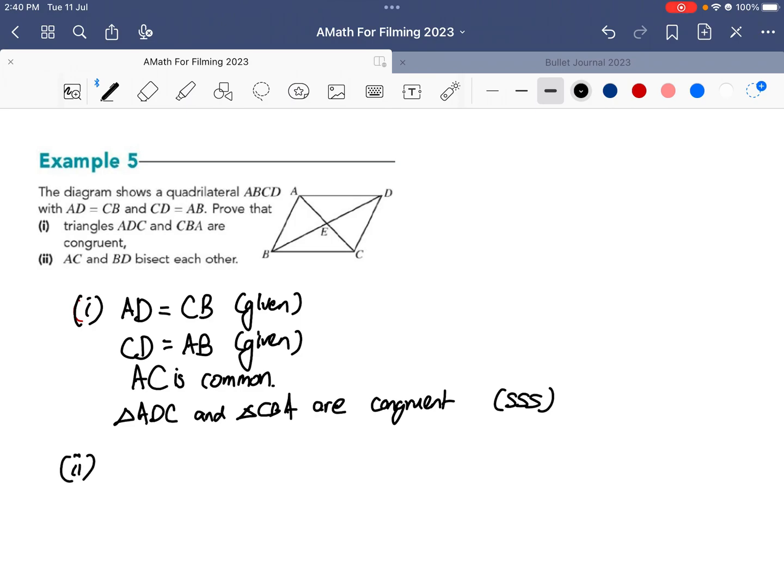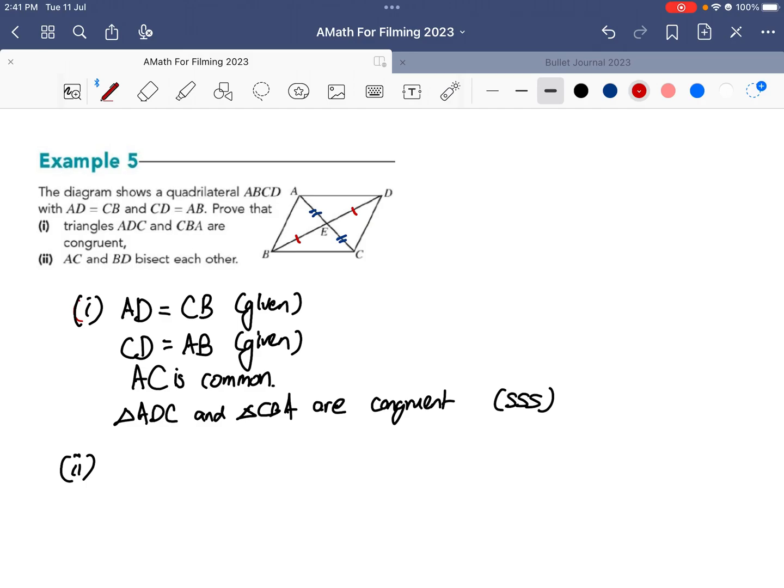Part 2, AC and BD bisect each other. So if they bisect, this and this are equal, and BE and ED are equal.